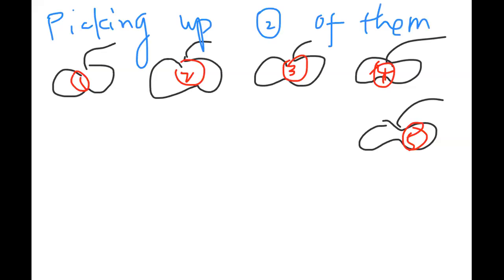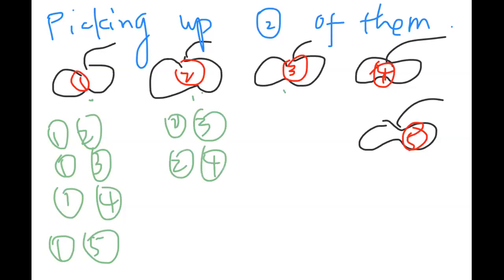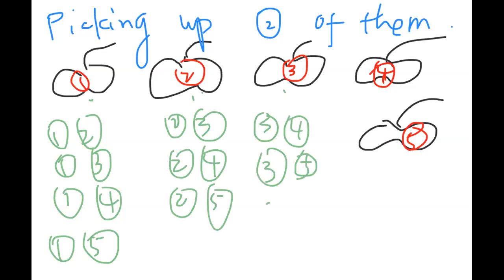Let's see. The first way is 1, 2, or you can pick 1, 3, or 1, 4, because the order doesn't matter. Picking 1, 2 is the same as picking 2 and 1. So 1, 2, 1, 3, 1, 4, 1, 5, or 2, 3, 2, 4, 2, 5, or 3, 4, 3, 5, or 4, 5.